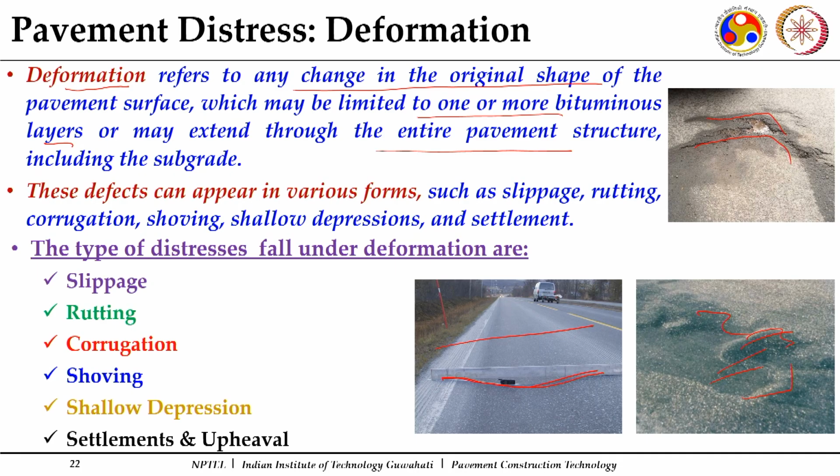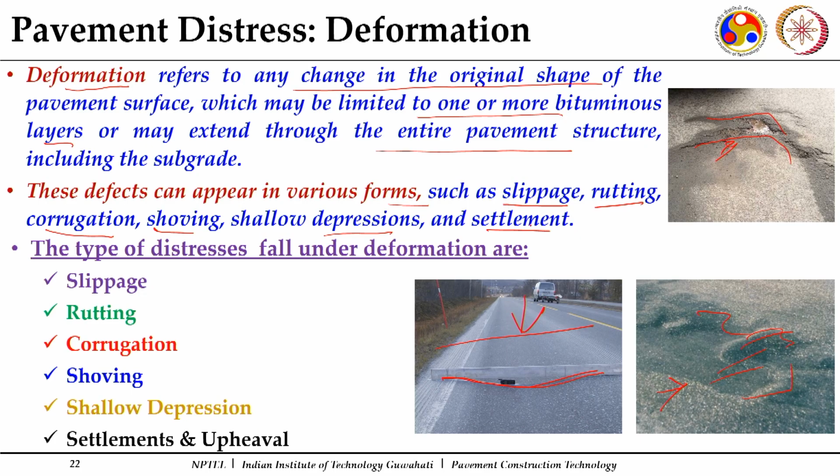These defects can appear in various forms. This is a typical slippage distress, then you have rutting distress, and this shoving distress is shown here. We will see corrugations, shallow depressions and settlements also.